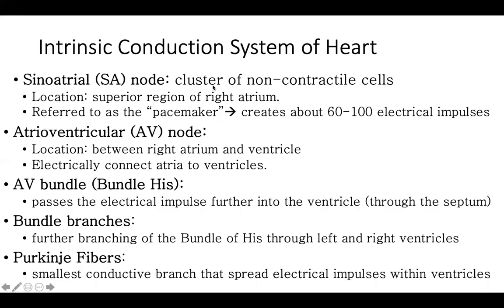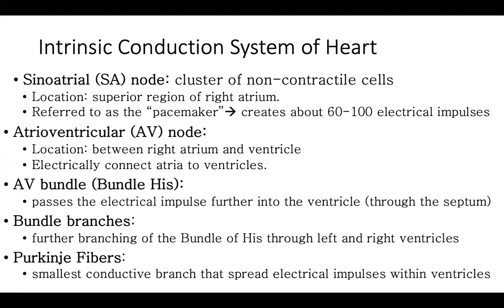This is also known as the pacemaker of your heart, since the number of electrical impulses created by your SA node is the number of times your heart beats. On average, your SA node can create between 60 to 100 electrical impulses per minute, which gives you a heartbeat between 60 to 100 beats per minute.